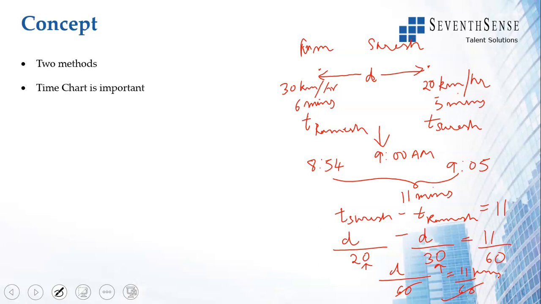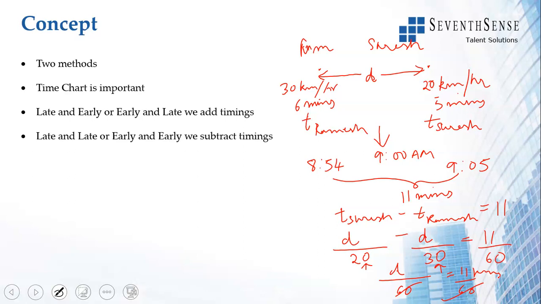The thing to remember here is, when both of them are early or both of them are late, what is the approach to be taken? And if one of them is early and one of them is late, what is the approach to be taken? You have seen here that Ramesh was early and Suresh was late. If one of the persons is early and the other person is late, you add the time: 6 minutes plus 5 minutes.